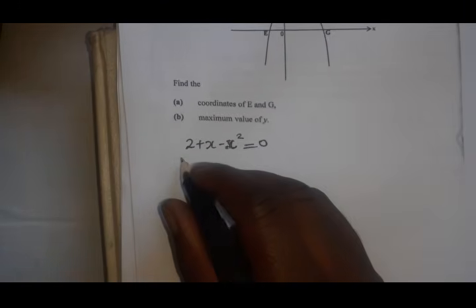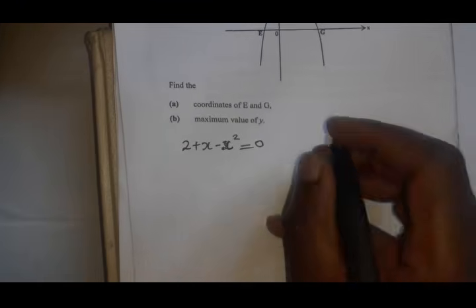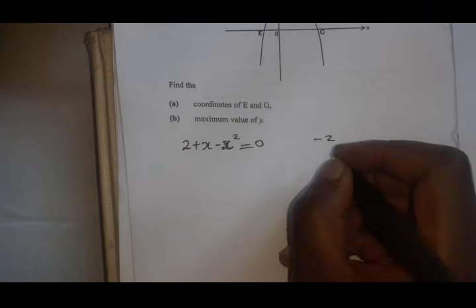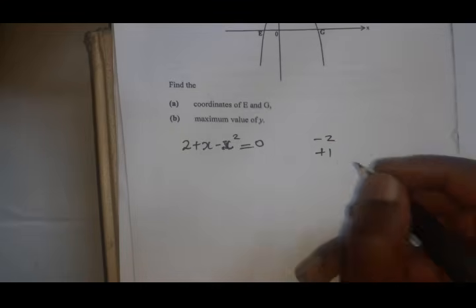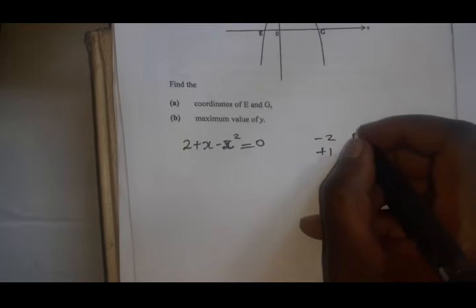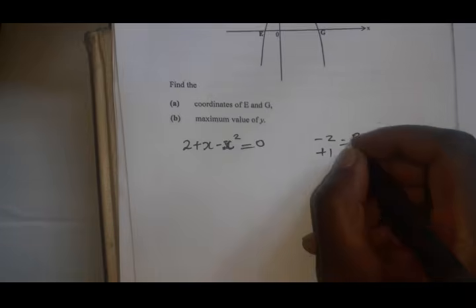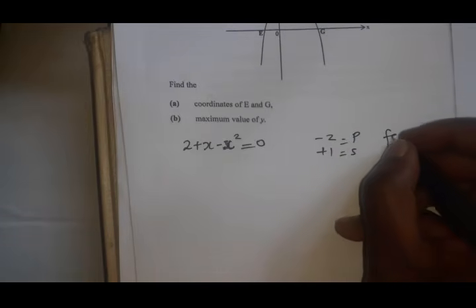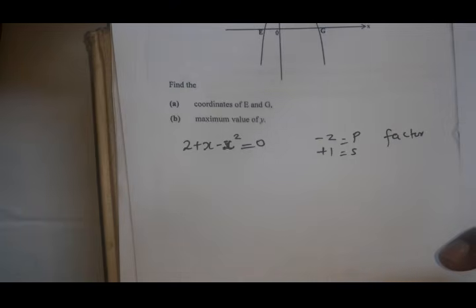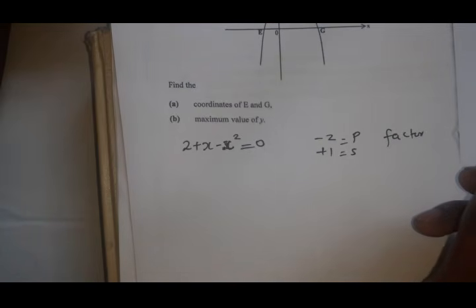How do we solve? We can use the factorization method where we have our product as -2 and then here we have +1. Okay, this is our product and this is our sum. So what are the factors? Let's find the factors.